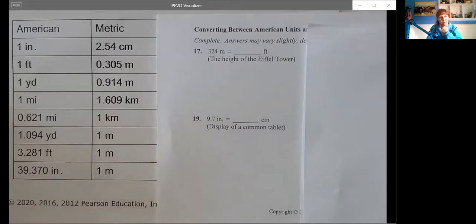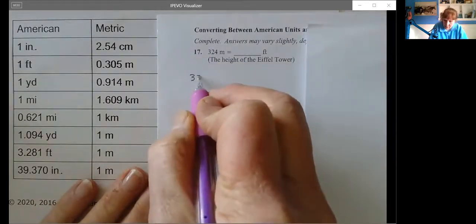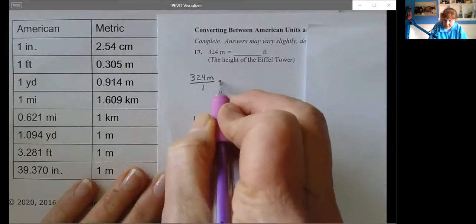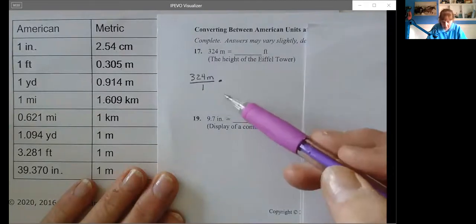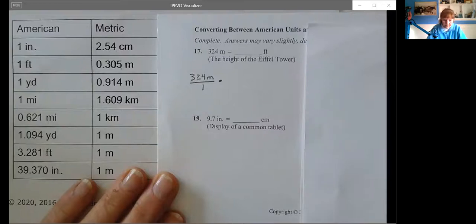All right, so we're going to go ahead and we're going to go through some examples, but again, it's done the exact same way. Here we have the approximate height of the Eiffel Tower, 324 meters. How many feet? Well, we've got 324 meters over 1 times. I want to create a fraction that has a value of 1 where feet is in the numerator.